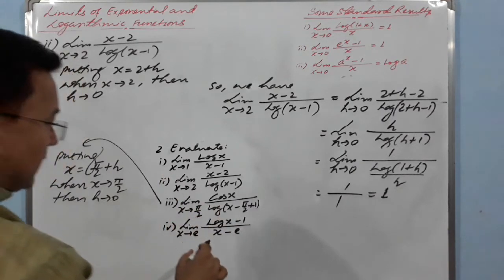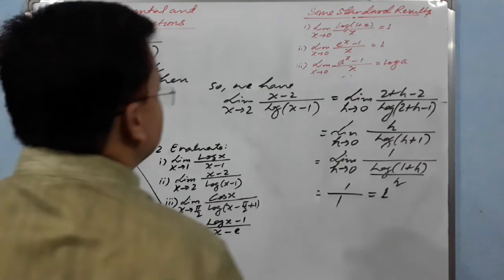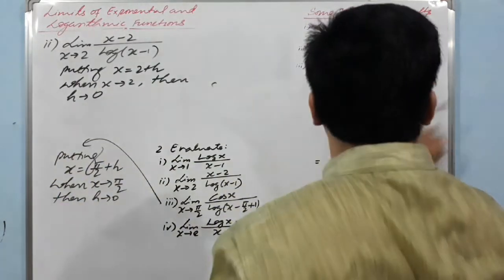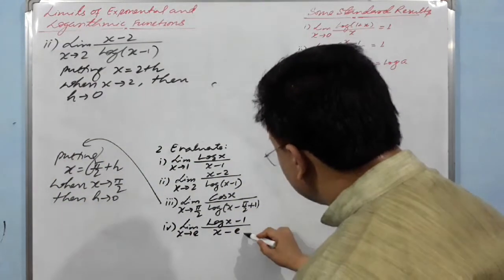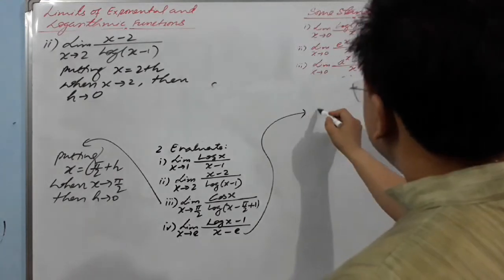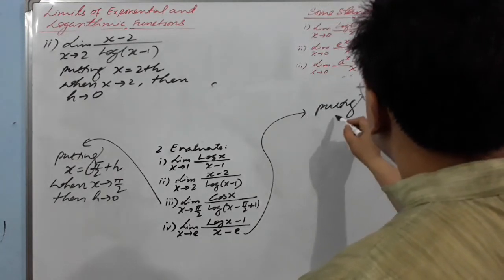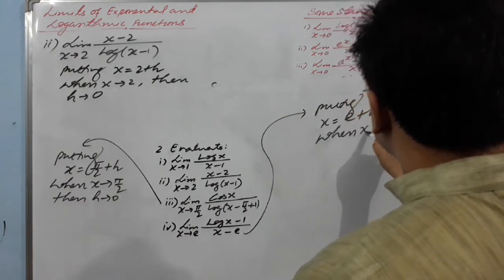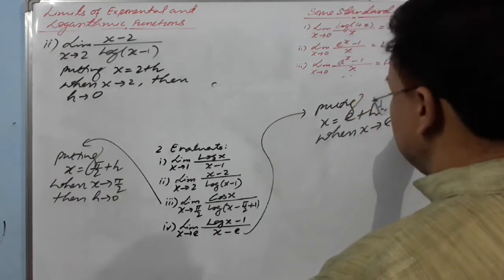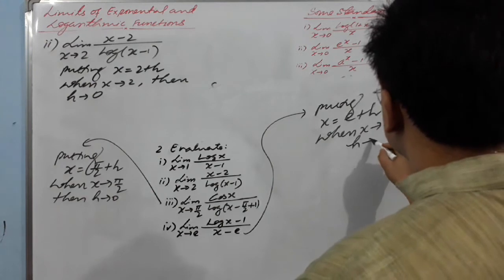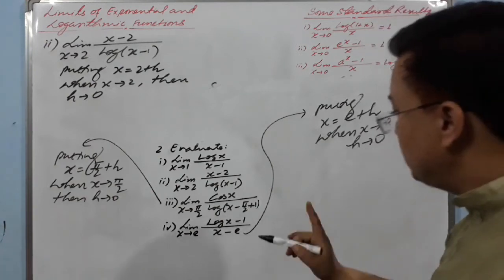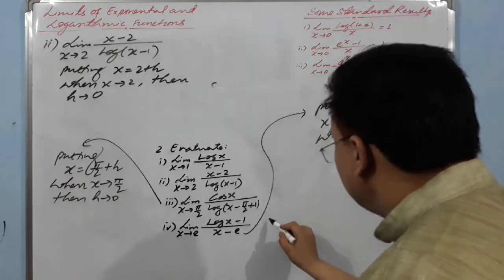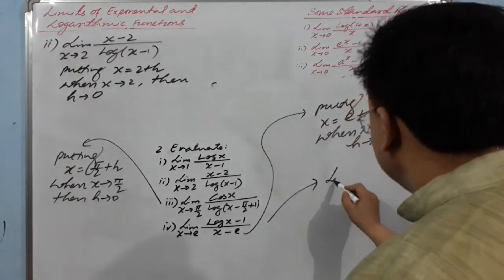Here one more thing, let me tell you the hint of this question. Here also you can do the same, putting x equal to e plus h. When x tends to e, then h tends to 0.